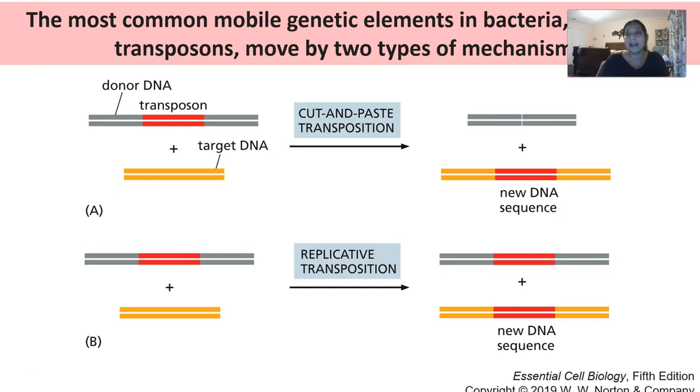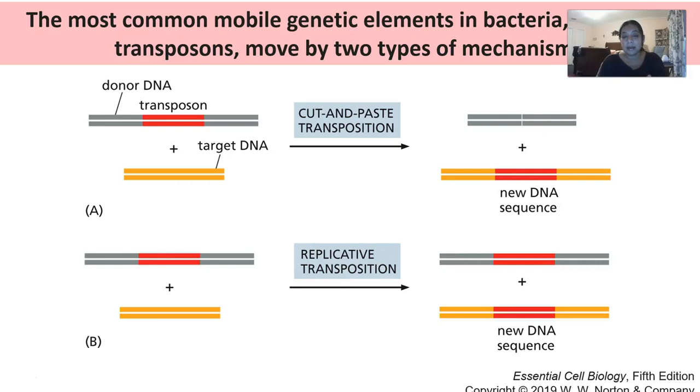So mobile genetic elements, also termed transposons, are jumping genes. They are sequences of DNA that contain information within them that allows them to be moved from one place to another.